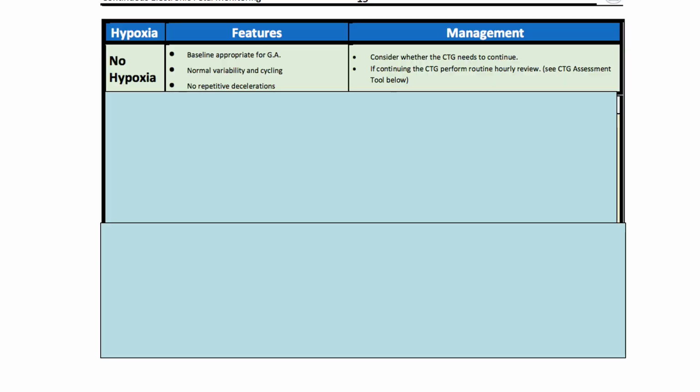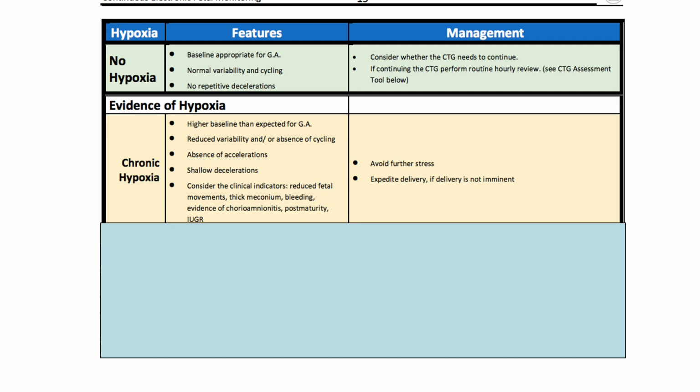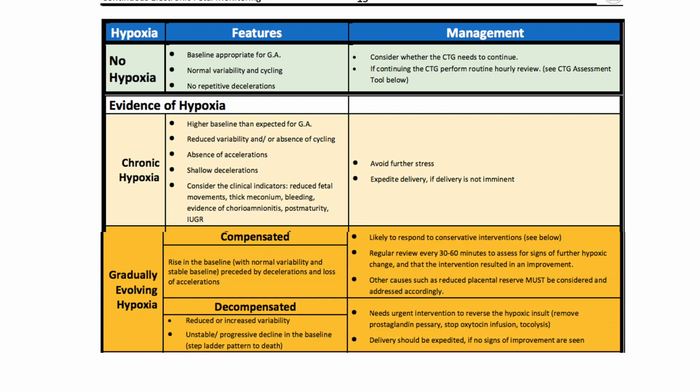The physiological guidelines are different because there is no normal, suspicious, pathological. The CTG traces are interpreted according to the features which are suggestive of intrapartum hypoxia. So either you have no hypoxia, or do we have pre-existing or chronic hypoxia, to ask the question, is the fetus fit for labor?